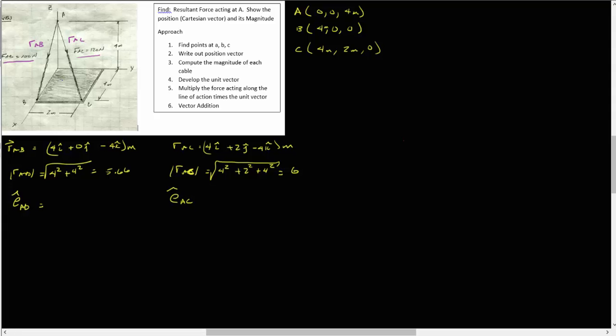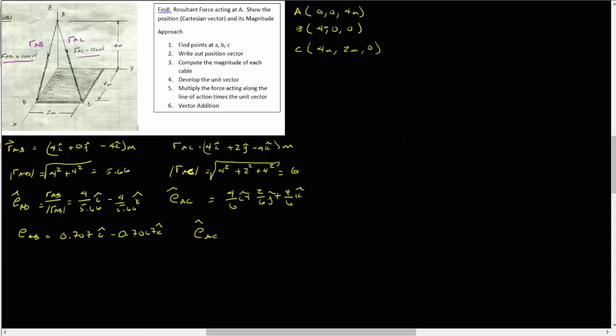This is going to be RAB over the magnitude of RAB, which is 4 over 5.66 minus 4 over 5.66, in I and K. So EAB came out to be 0.707 I minus 0.707 K. Over here you get 4 over 6, 2 over 6, and negative 4 over 6, in I, J, and K. So my unit vector is going to be 0.667, 0.333, minus 0.667.